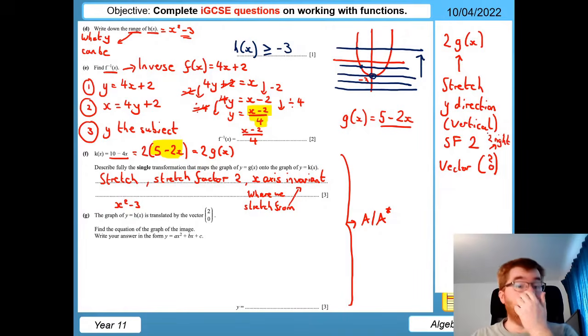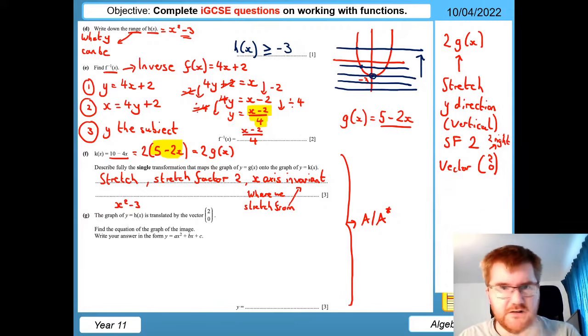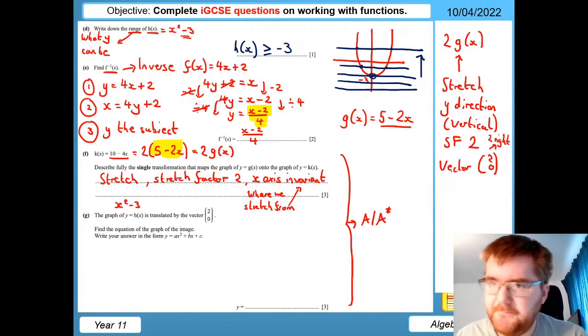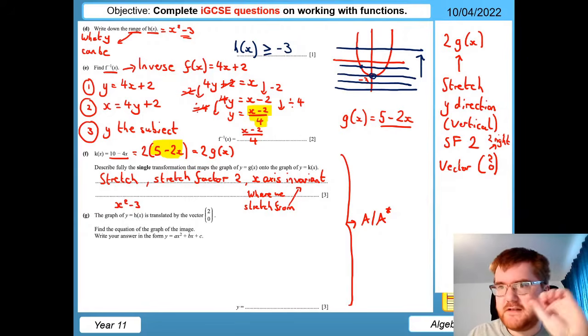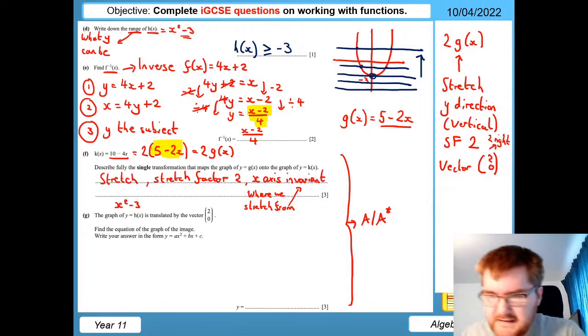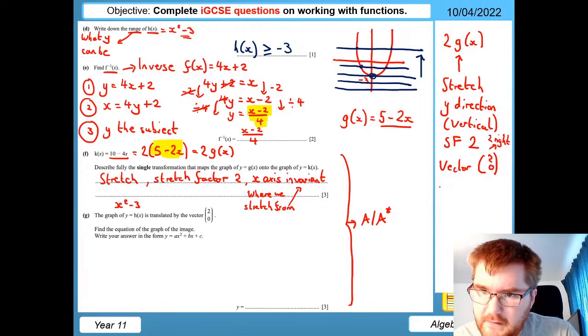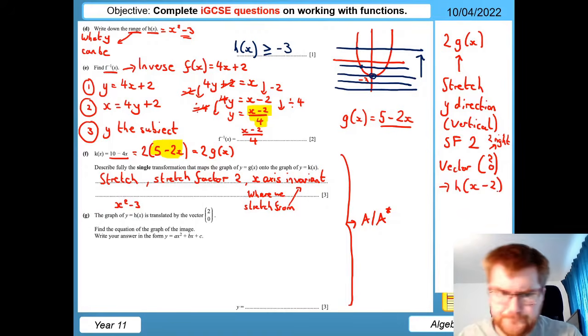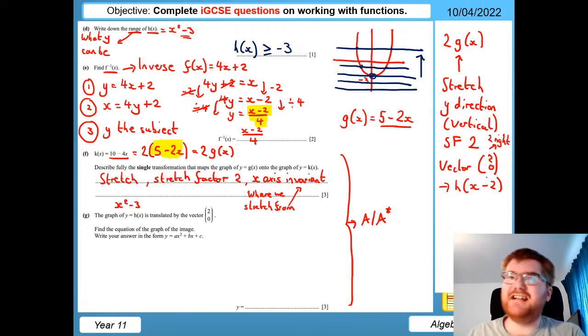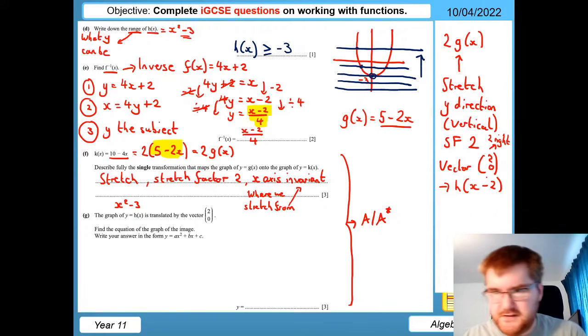Now, how do I actually write that in function notation? This is something really to remember here. It works the opposite of what you expect because we're moving horizontally. So what they're looking for here is h of x minus 2. And that's a really, really important fact to realize. 2 to the right is actually minus 2, not plus 2.